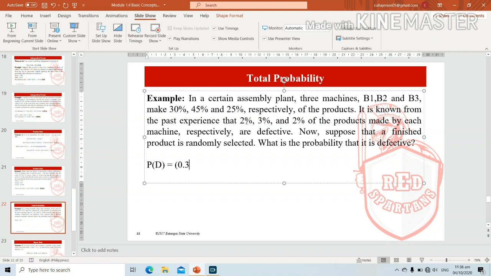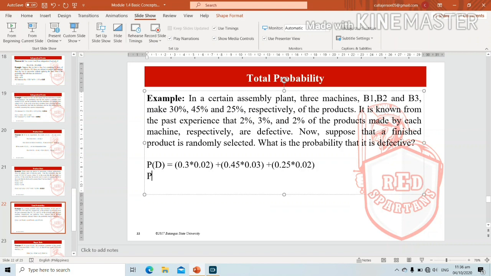Then, imumultiply lang natin dito sa defective. 0.3 times 0.02 plus, yun naman, 0.45 multiply sa 0.03 dahil kay machine B sub 2, plus ito, 25% or 0.25 multiply sa 0.02.